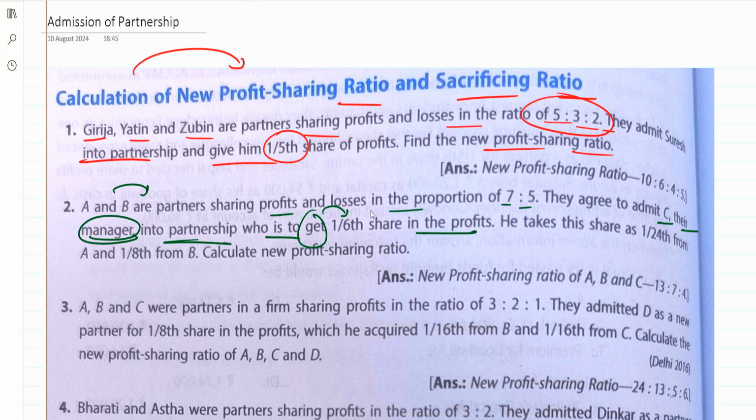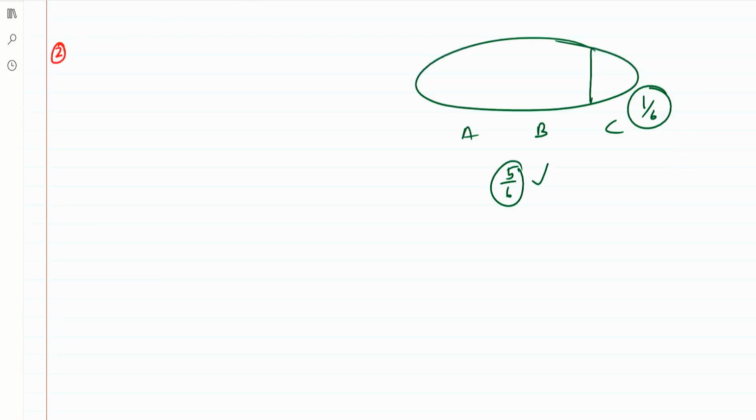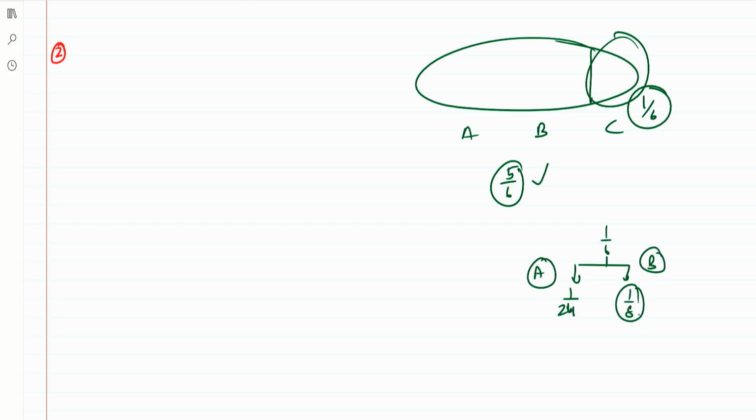Okay. बट यहाँ क्वेश्चन में क्या दिए, he takes this share as 1/24 from A and 1/8 from B. अब हमें मालूम है कि the piece of watermelon what he got, 1/6 देखो, 1/6 कैसे आया उसको, 1/24 from A and 1/8 from B. Earlier ratio was what, 7:5.